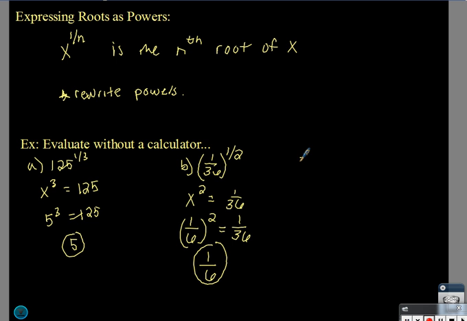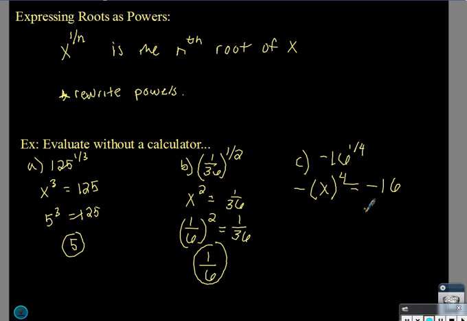Okay, and one final example to show you some stuff with negatives. Let's talk about -16 raised to the 1/4. Notice the 16 and the negative are not grouped together with parentheses. So that means that this 1/4 power is not applying to the negative. I want to know some unknown number raised to the 4th power that is going to give me 16, and then the negative stays out front.